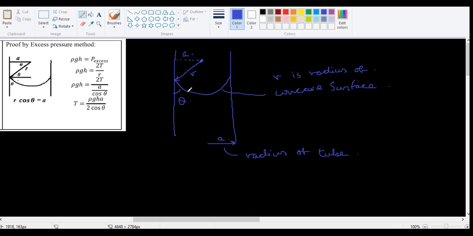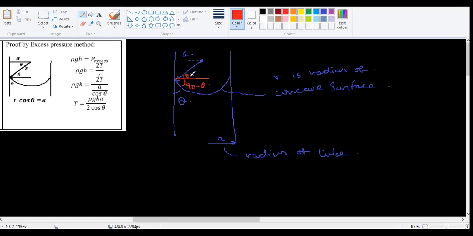So what I'm trying to say here is, I can find R in terms of A and theta. That's the point I'm trying to make. You see this diagram. If I draw a line over here, if this is theta, listen carefully, this is 90 minus theta. The radius and the tangent will always be 90 degrees, which means if this is 90 minus theta, this will also be theta.